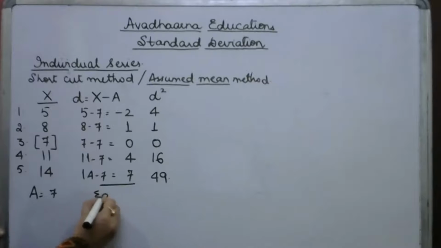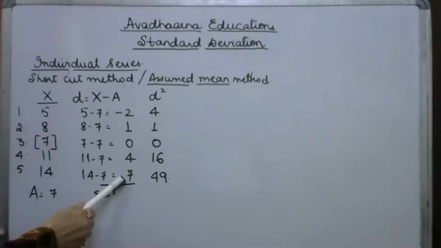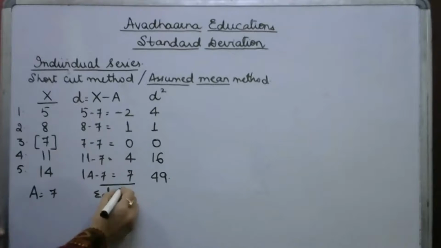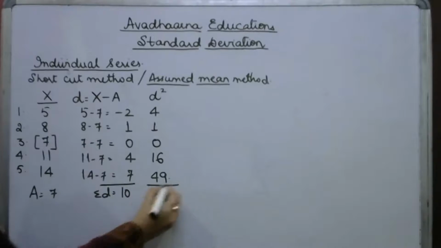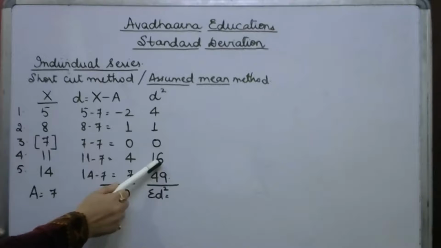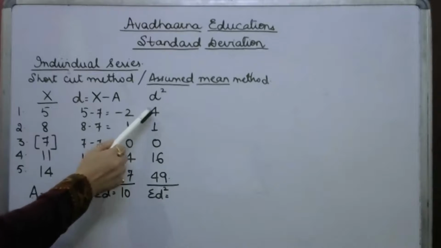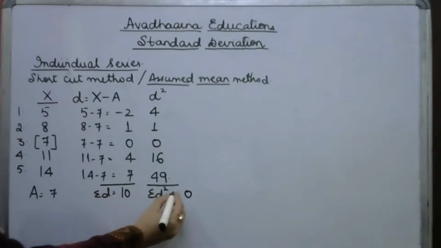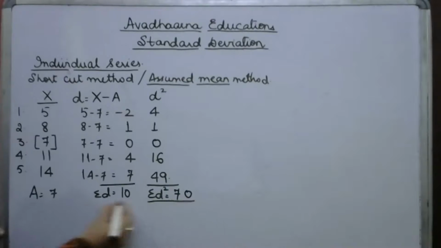So, summation d will be 7 plus 4, 11, plus 1, 12, minus 2 is 10. And summation of square of deviations will be 49 plus 16, 65, plus 4, 69, plus 1, 70. Fine, summation d square is 70, summation d is 10.